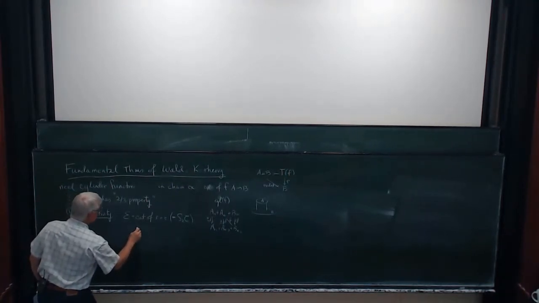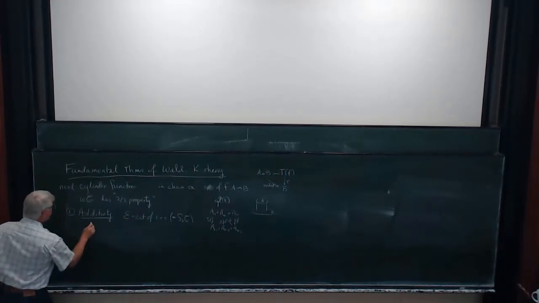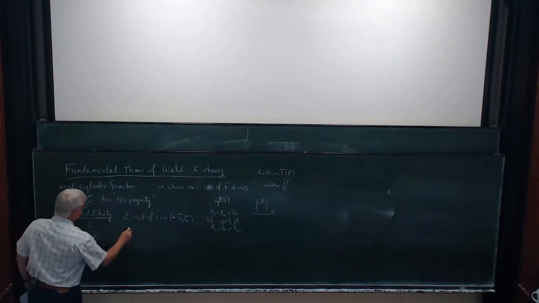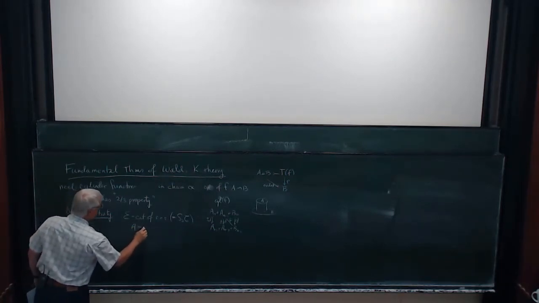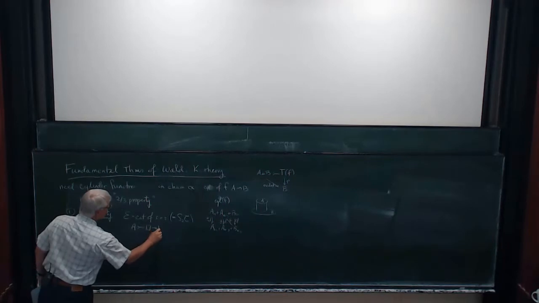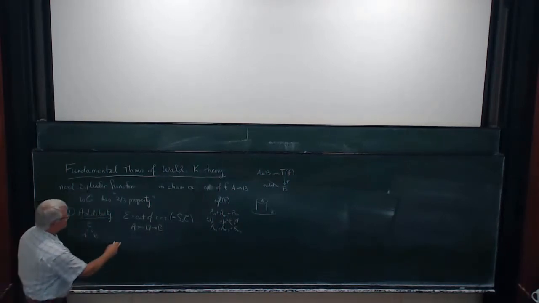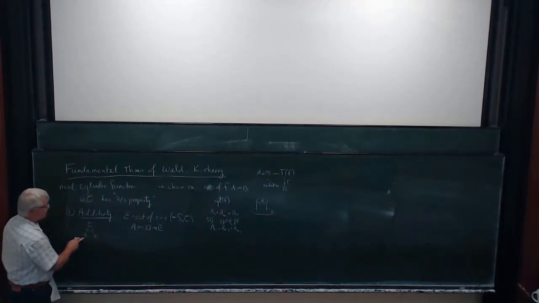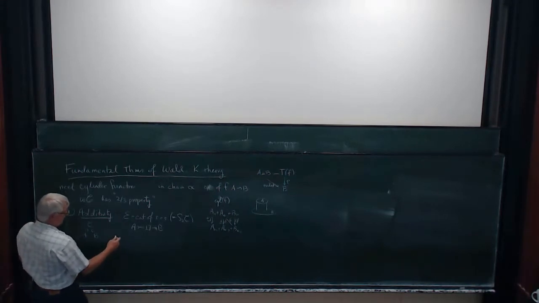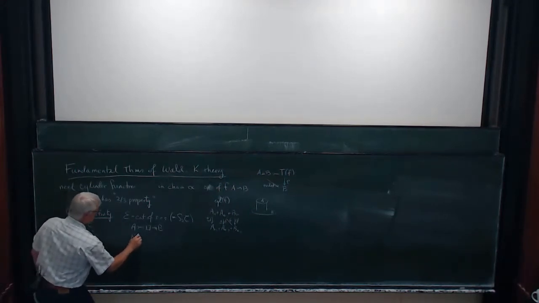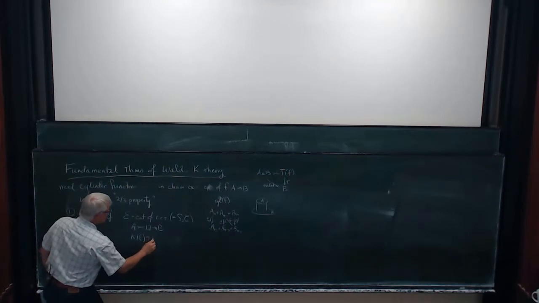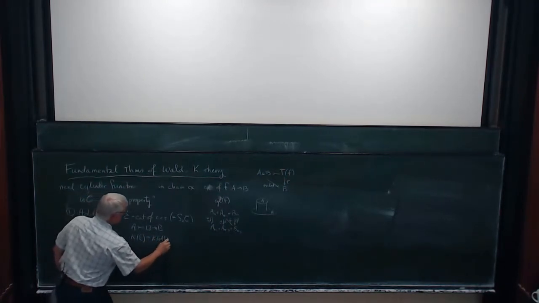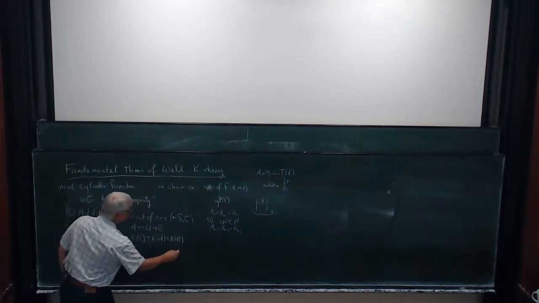So let's say C contains 2 categories, A and B. And then you look at all sequences of A to something to B. So these are short exact sequences in your ambient category C, where the first fellow is in this subcategory and the second fellow is in this subcategory. And then you want to say that the K-theory of E is the same thing as the K-theory of A cross the K-theory of B.